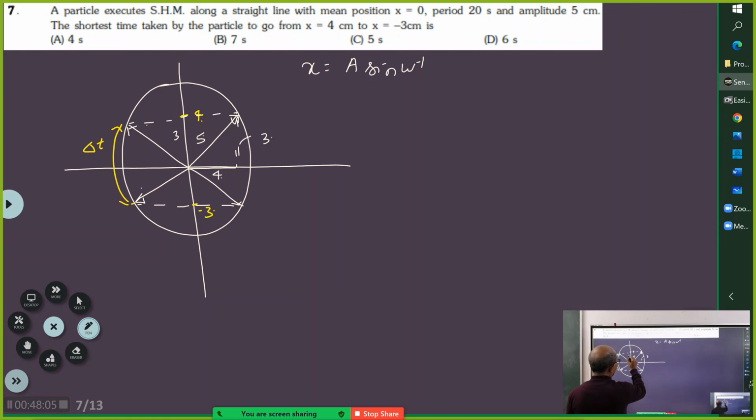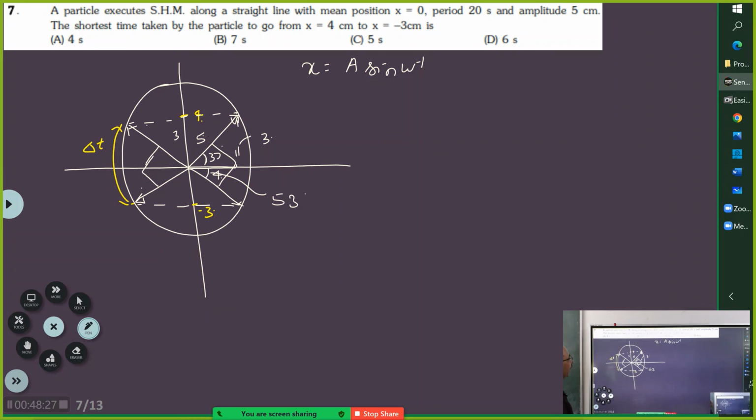Therefore this angle should be 37 degrees and this should be 53 degrees. So this should be 90 degrees.